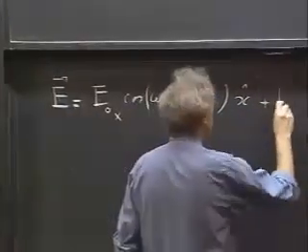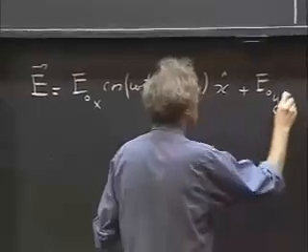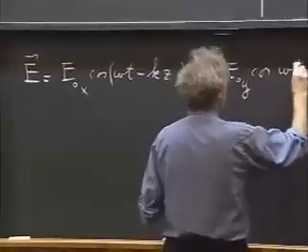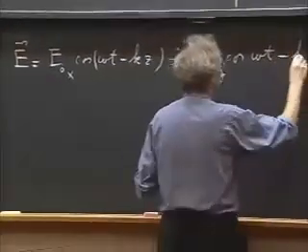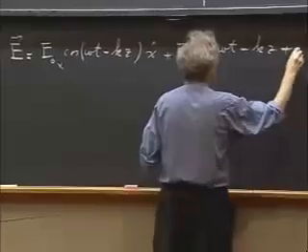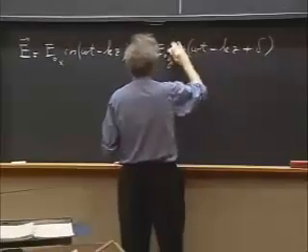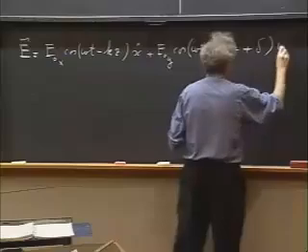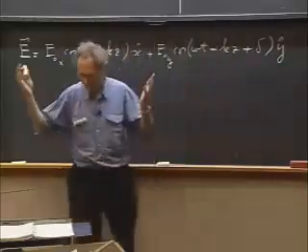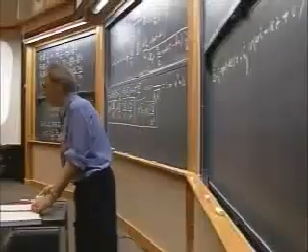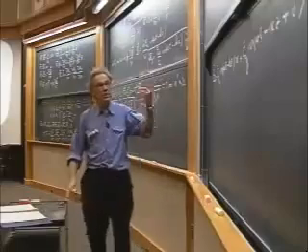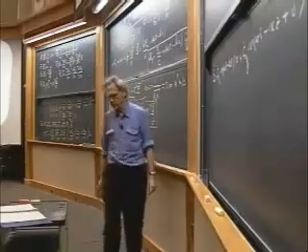And then I would have another, E0y times the cosine of omega t minus kz plus delta, and I can give it any random phase angle delta. That would then be in the y direction. And so clearly, this satisfies the wave equation, because each separately satisfies the wave equation.